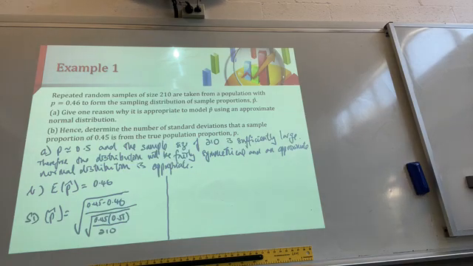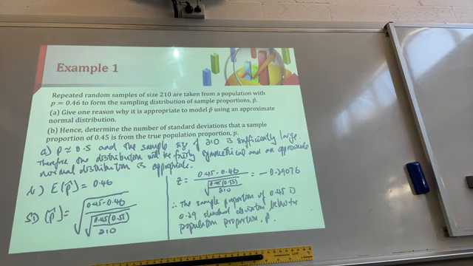If you're given decimals, you've got to use decimals. And then you can work out what the z-score is. Once you work out the z-score, because it's negative, the sample proportion of 0.5 is 0.29 standard deviations below the population proportion.